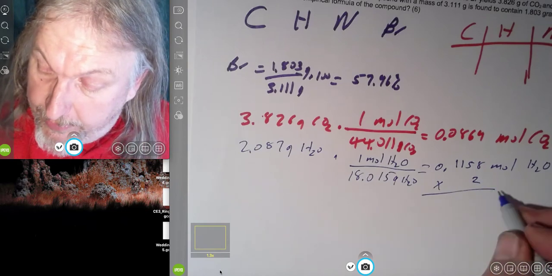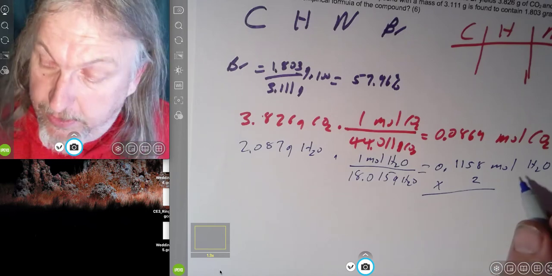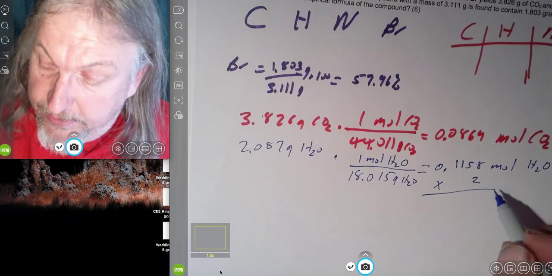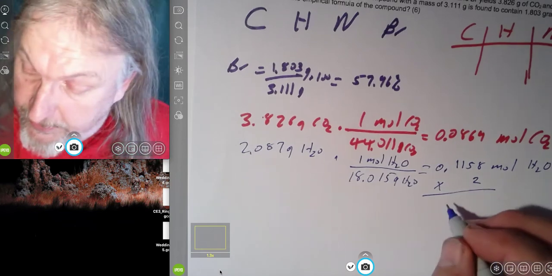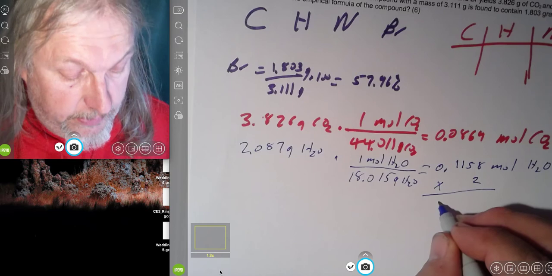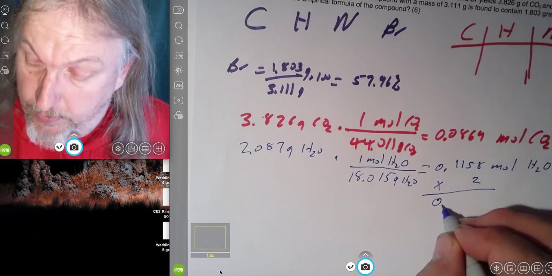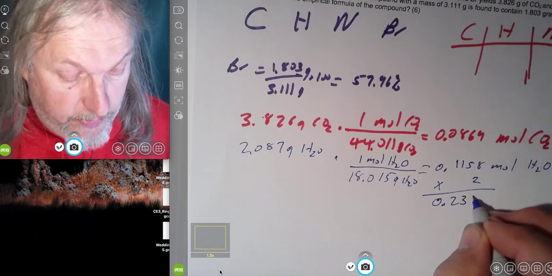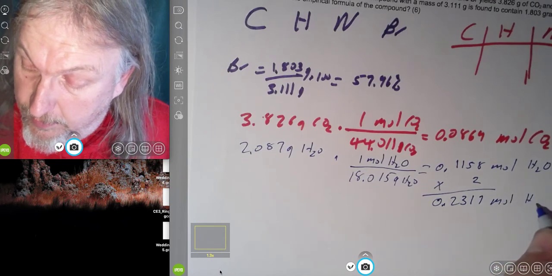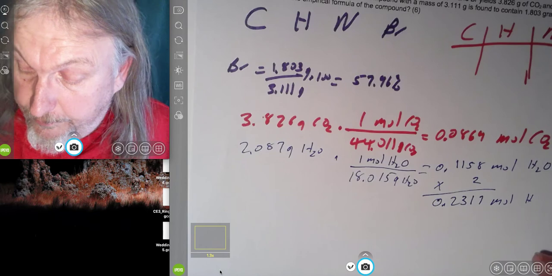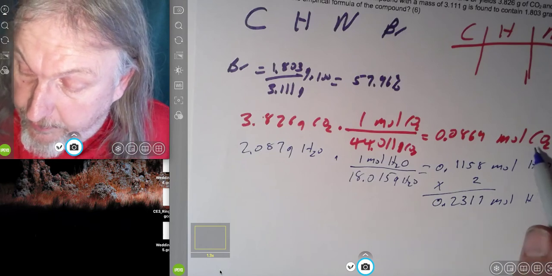But now we can figure out the number of moles of hydrogen that this combustion provided. So if I do that, that's going to give me 0.2317 moles of hydrogen. All right, so I got the number of moles of carbon.